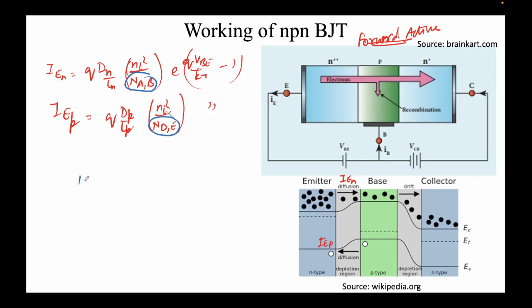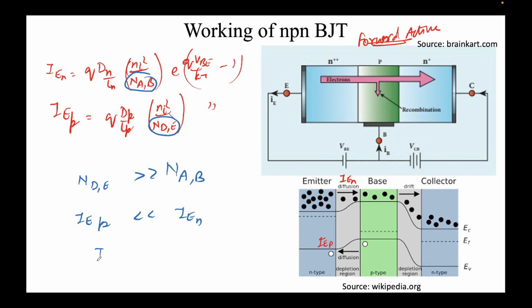So let's say if I make the doping in the emitter, the D stands for donor, much larger than the acceptor doping in the base, what will happen is this will cause IEP to be much less than IEN.